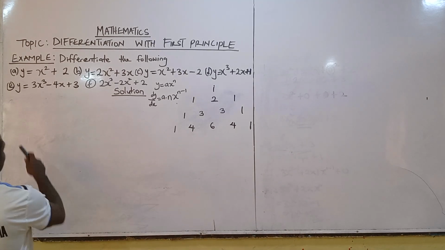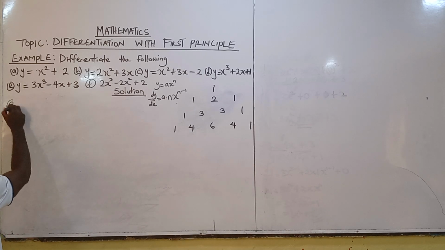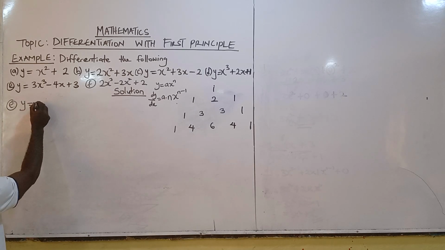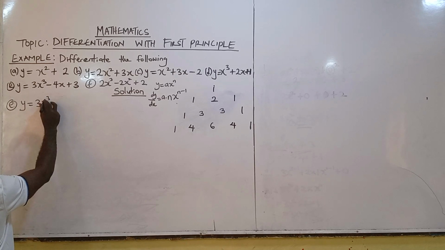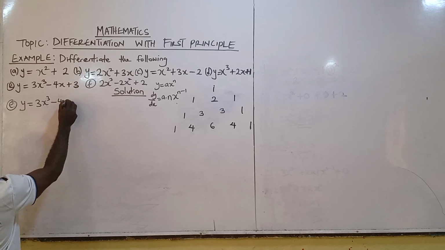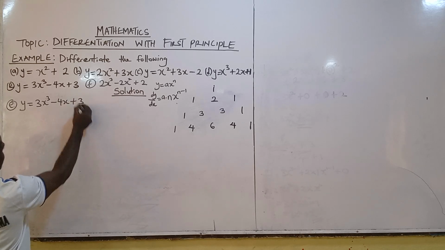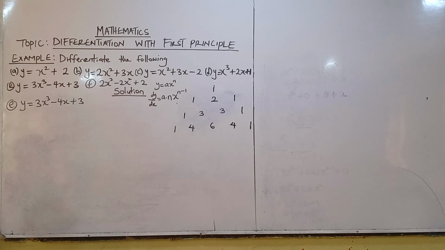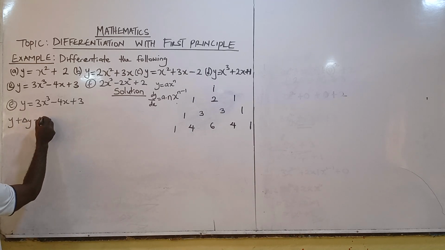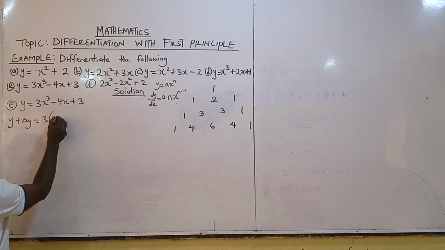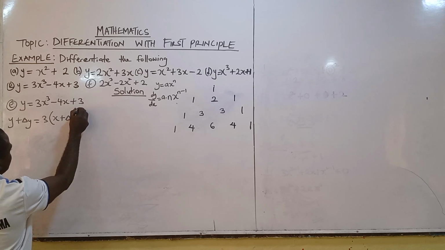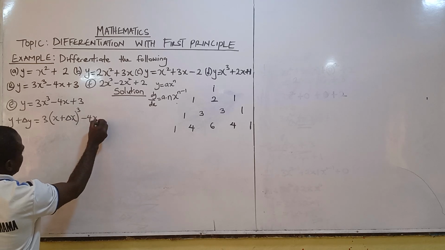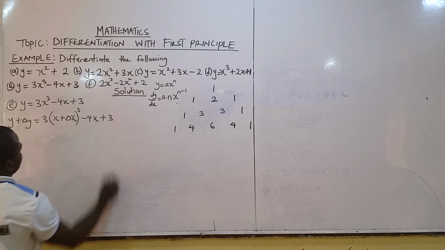Now, the E part, you have y will be equal to 3x cubed minus 4x plus 3. That's it. Now, y plus dy equals 3 open bracket x plus dx cubed minus 4x plus 3.